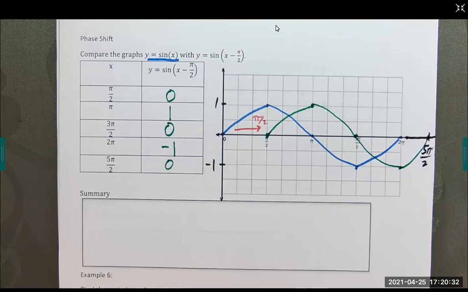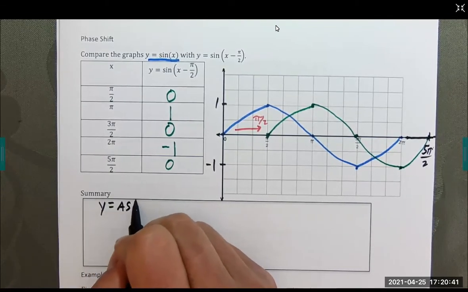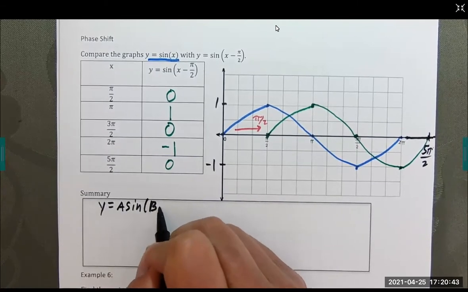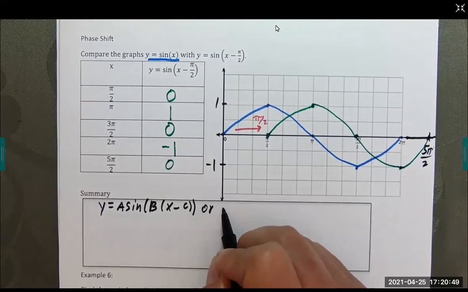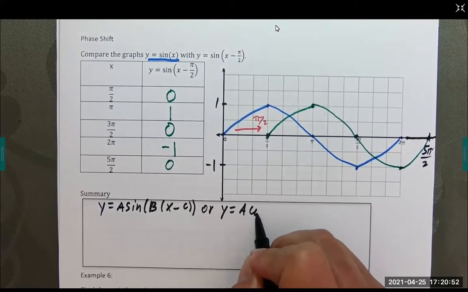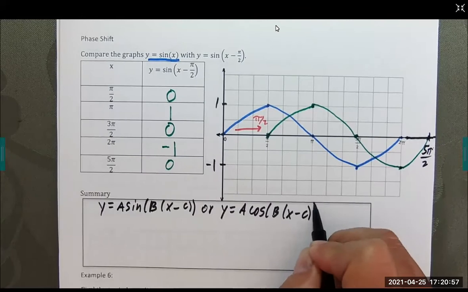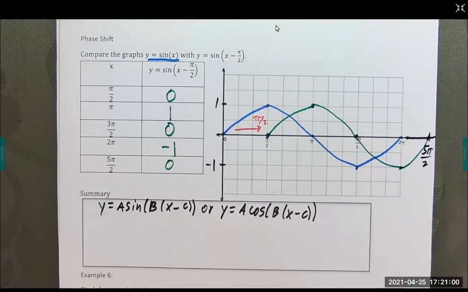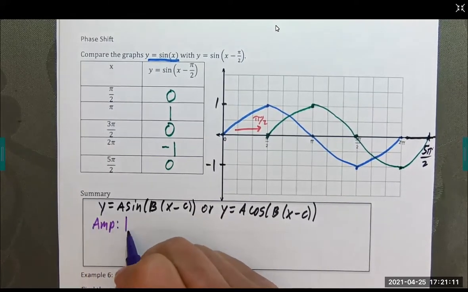Now, what can we conclude from this? Well, if we have a function y equals a sine of b times (x minus c), or y equals a cosine of b times (x minus c), then we can say that the amplitude is the absolute value of a.